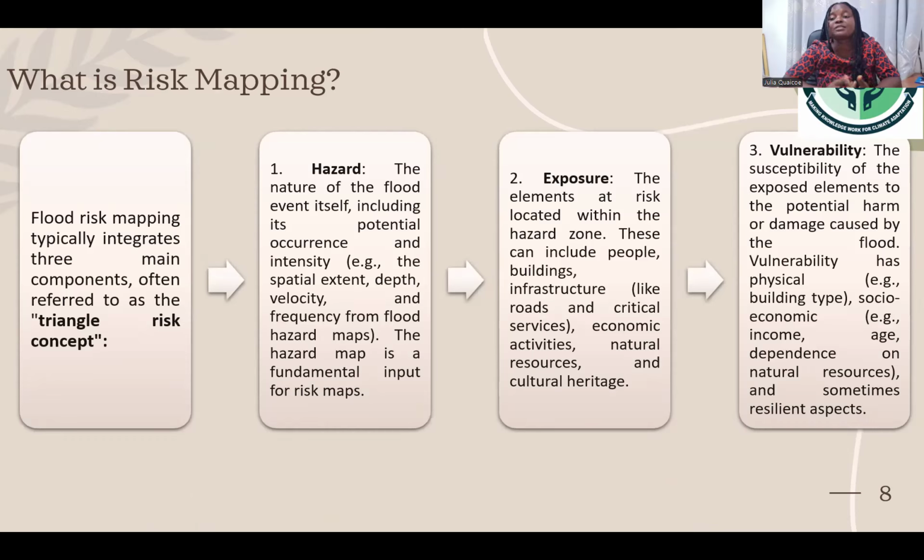So it forms part of the cultural heritage of people. And so if this particular sacred grove is lying within the area which is prone to flooding, then we can say that the sacred grove is exposed, because it is lying in the zone at risk.